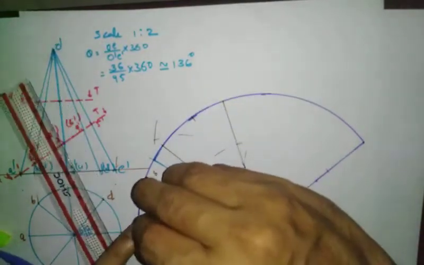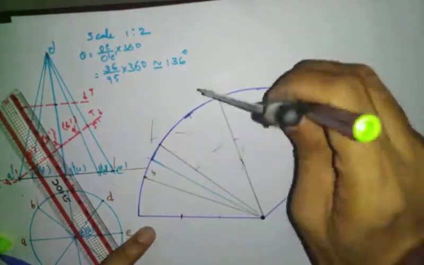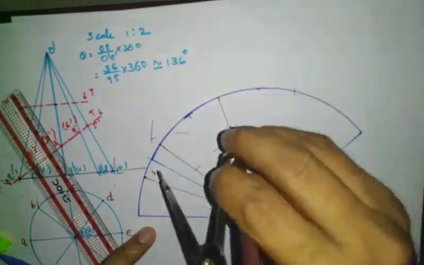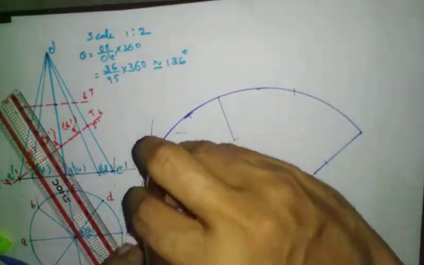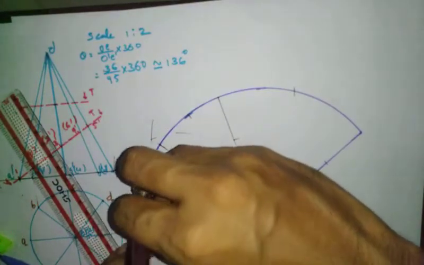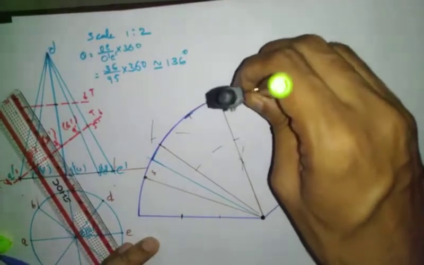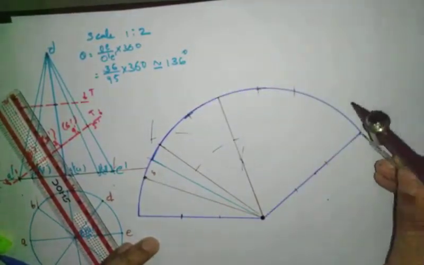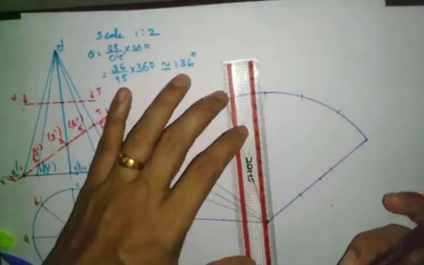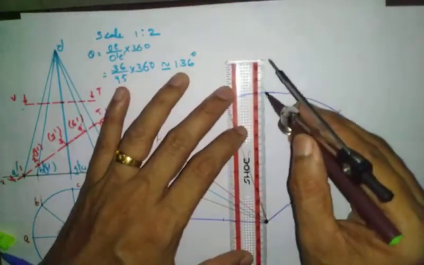Also I have to take this portion and mark it here. This will divide the development into 8 equal parts.